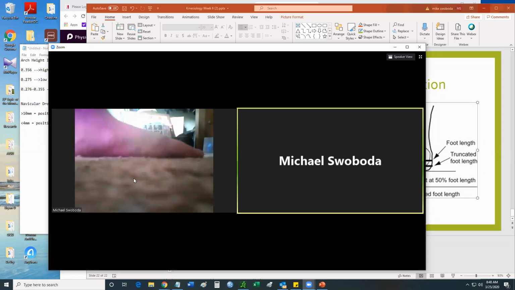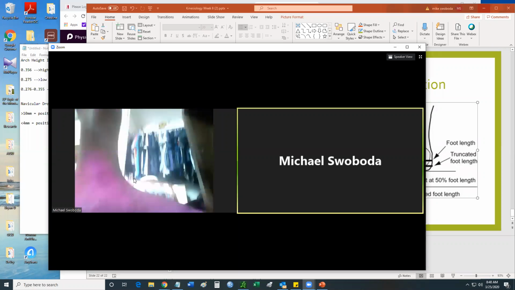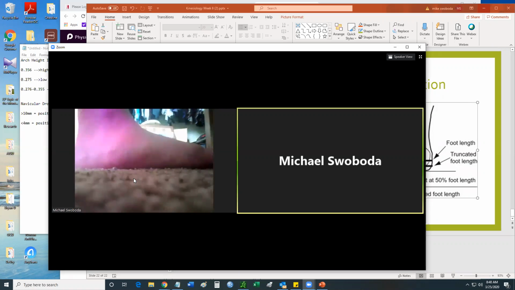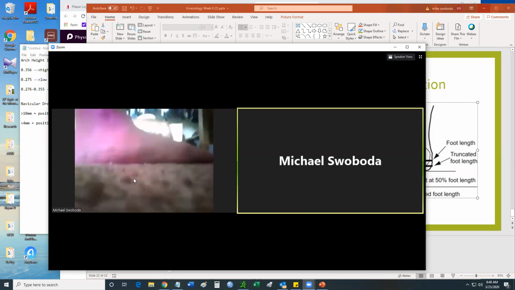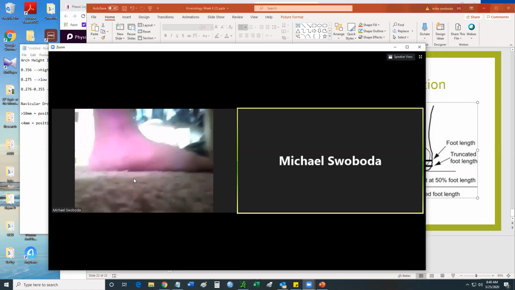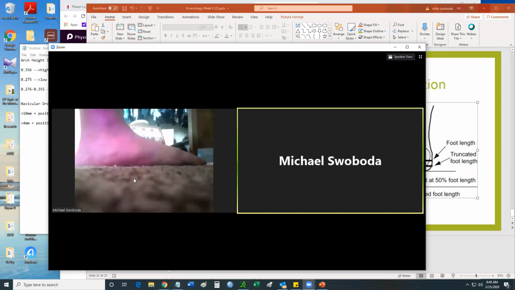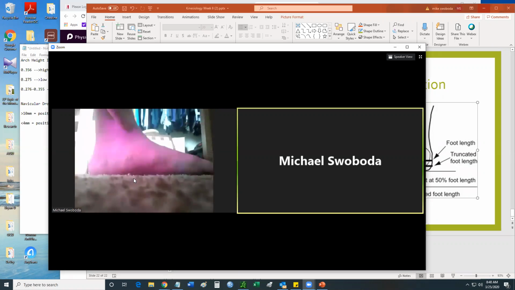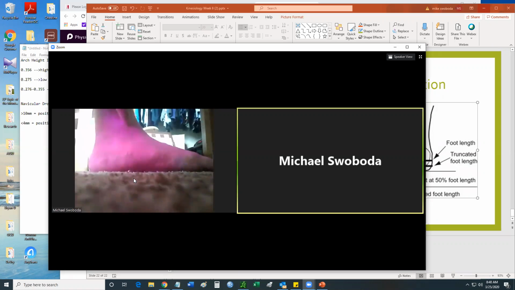The things you should be able to point out: first off, you can tell just by looking at my foot that it is pretty darn flat. This right here is my ankle, my medial ankle bone, the tibial malleolus.